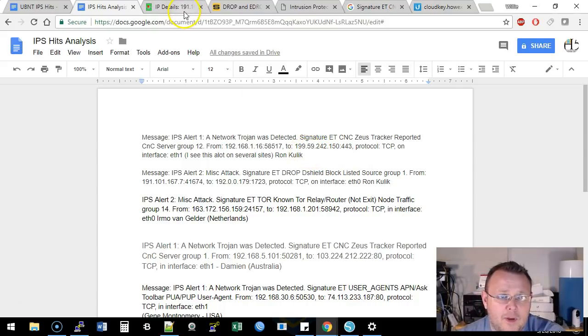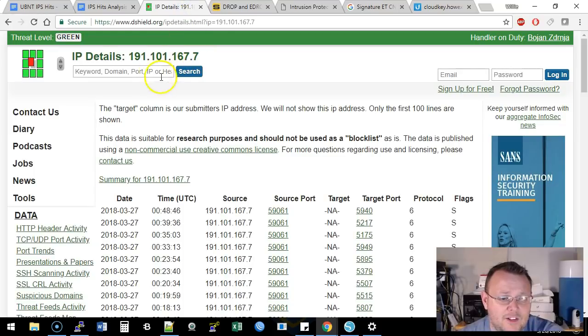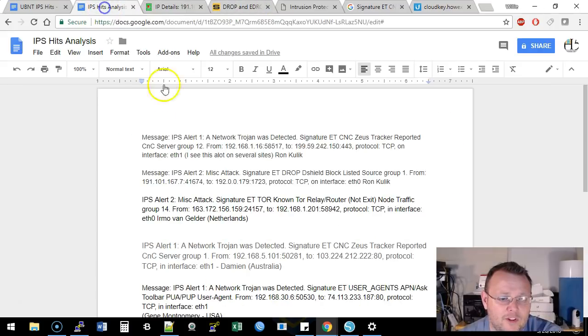So let's see. I looked up this one because it came from DShield. If we go back over here and look for DShield, which is right here, what this is saying is that we have an intrusion prevention system alert 2. It's a miscellaneous attack. The signature is from DShield right here.